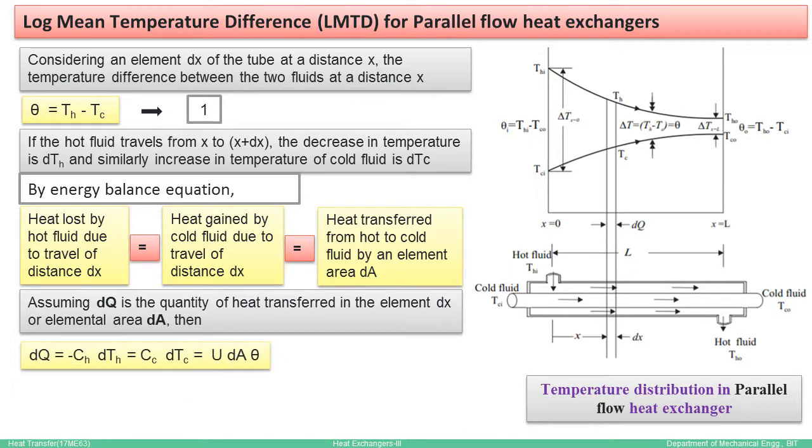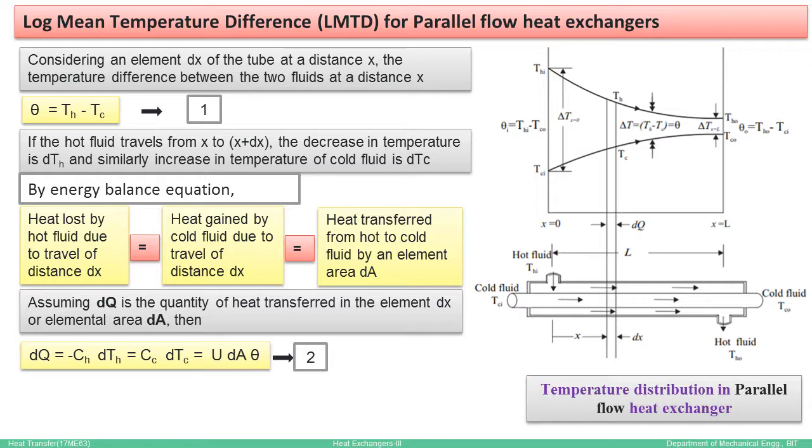Now assuming dq is the quantity of heat transferred in the element dx, or in the elemental area dA, from the energy balance equation we can write dq is equal to minus Ch into dTh. Ch is the heat capacity rate, which is the product of mass flow rate and specific heat. Here you can see a negative sign because dTh in the direction of flow is negative. So when you introduce a negative sign, dq finally is a positive quantity.